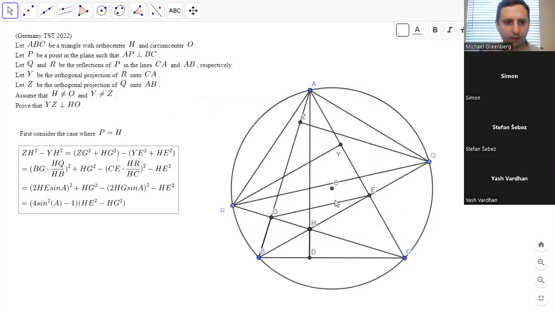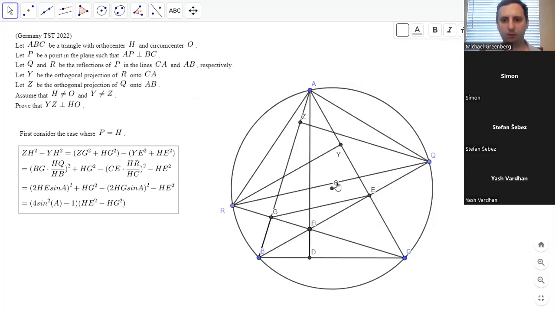I think this is all right, although I'm not sure. And we want to show, okay, so that's ZH squared minus YH squared.